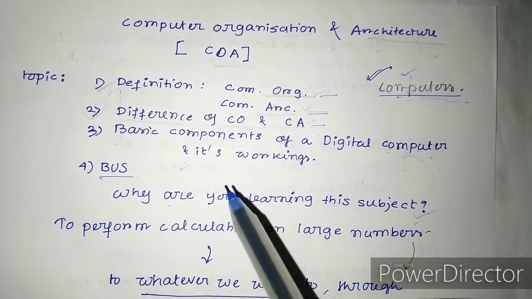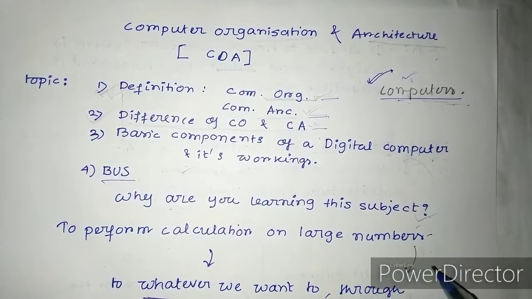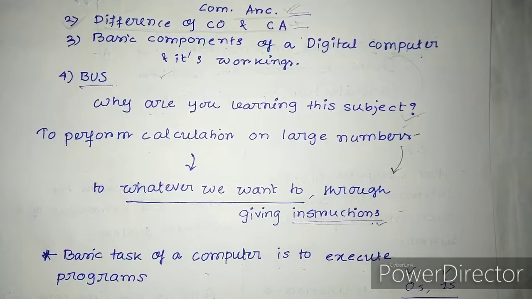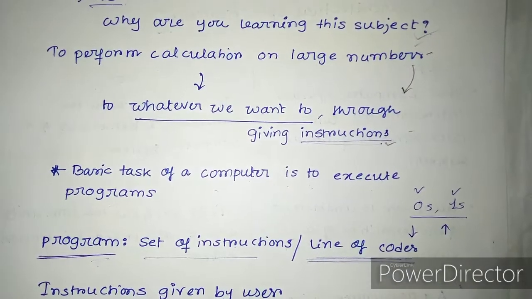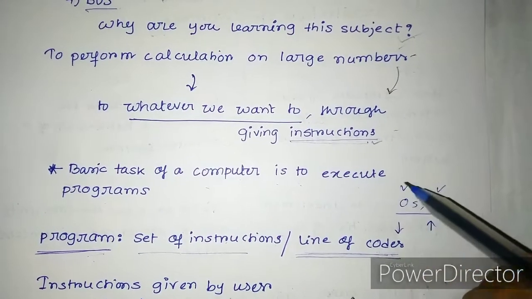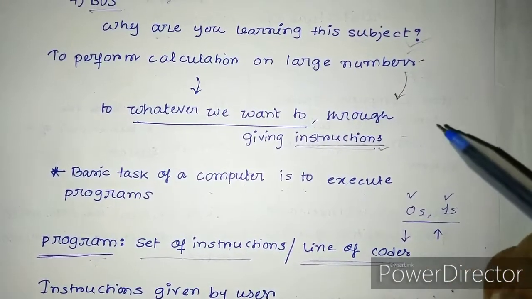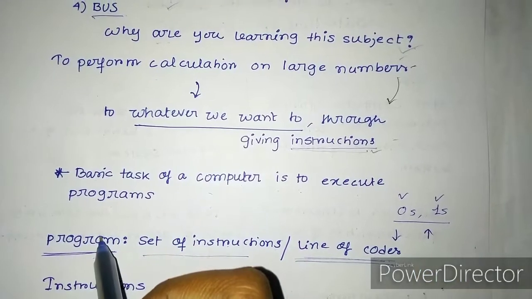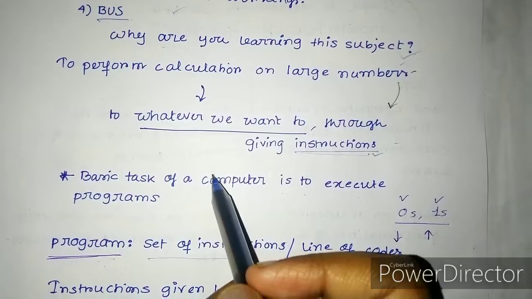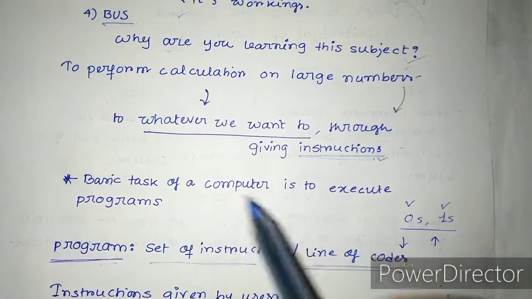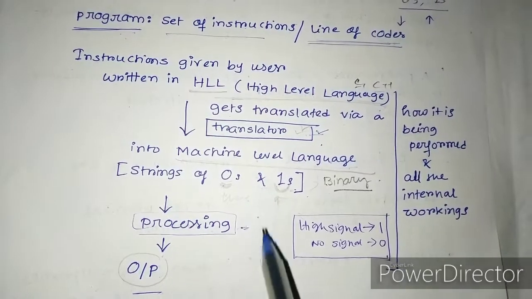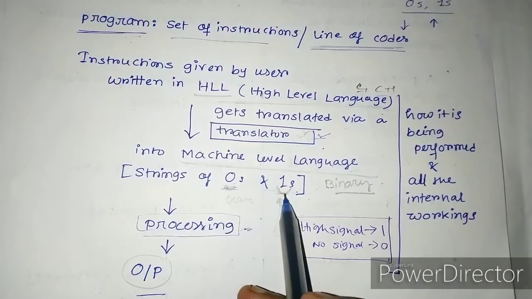Computers were invented to perform calculation on large numbers, right? So till then to now, we can do whatever we want to do by just giving instructions to the machine. Instructions, or the lines of code that a user writes, are called programs. So the basic task of a computer is to execute programs. Now we know that computers only understand binary digits, the zeros and ones.